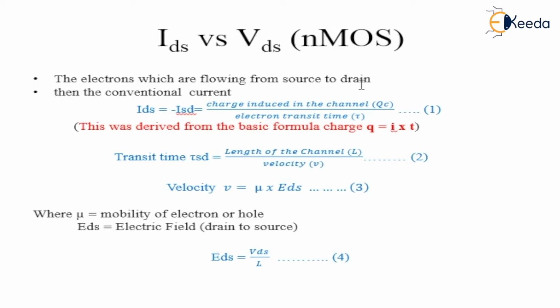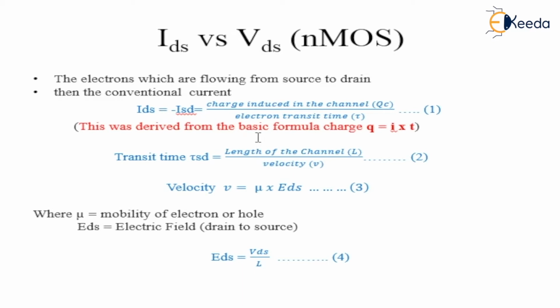That is the electron current, represented with minus ISD, and the conventional current is represented with IDS. We need to consider the conventional current, which is opposite to the direction of electrons. Here the electron direction is from source to drain, so the conventional current direction is drain to source. That is the reason IDS is nothing but minus ISD.